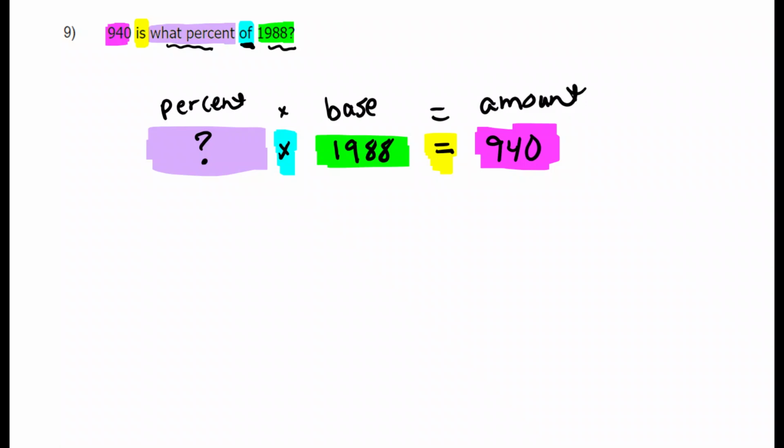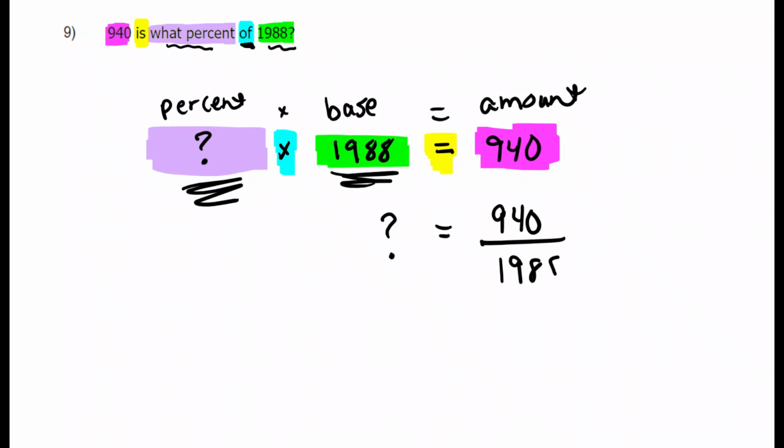And then just like on the last one, I'm actually going to figure out the question mark by switching my multiplication to a division. Take the answer, which is 940, and if you divide it by one of these two numbers, it'll give you the other one. So take 940 and divide it by 1988.